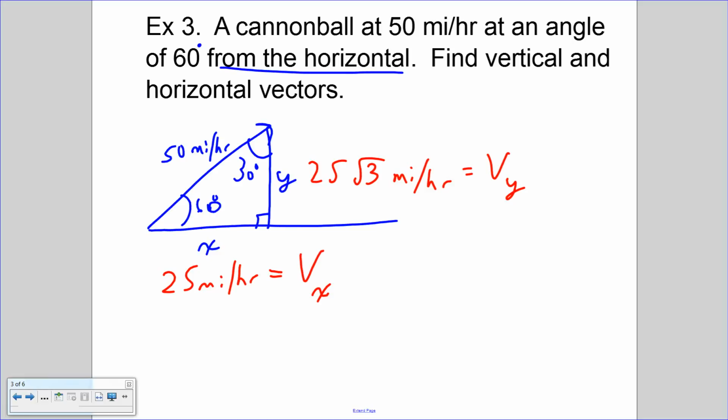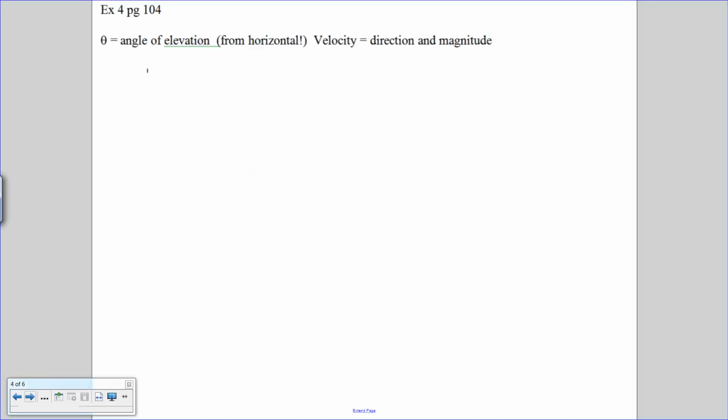So this actually is the length of this object, and then the direction, because it's a horizontal vector, is giving you a direction on the horizontal. This is a vertical, it's giving you direction in terms of up and down. So it does have both components in it. Example on page 104.